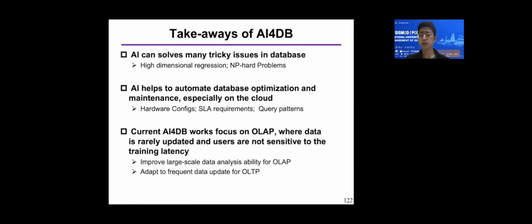However, for OLTP, the data may be frequently updated, and users may require very high model inference efficiency and robustness, which are great challenges for current AI techniques and require more system and algorithm designs.